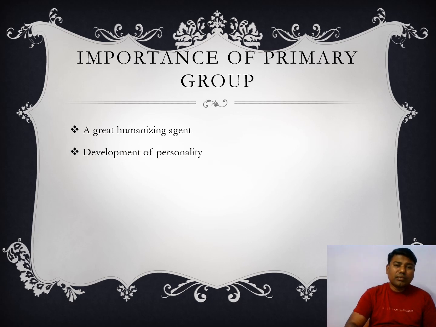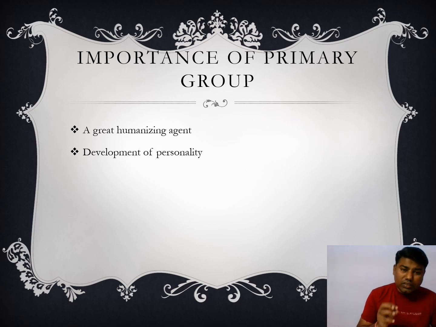Then second, development of personality. C.H. Cooley is of the opinion that the primary group, particularly the family, is the chief molder of personality. So primary groups are the source of our notion of love, freedom, justice, etc. And these kinds of social values and social norms are inculcated in the minds of individuals, most importantly in the primary group.